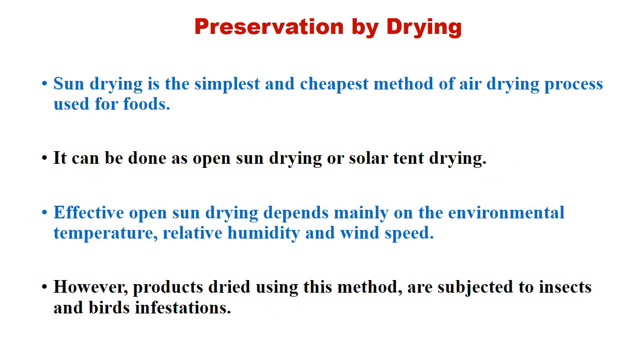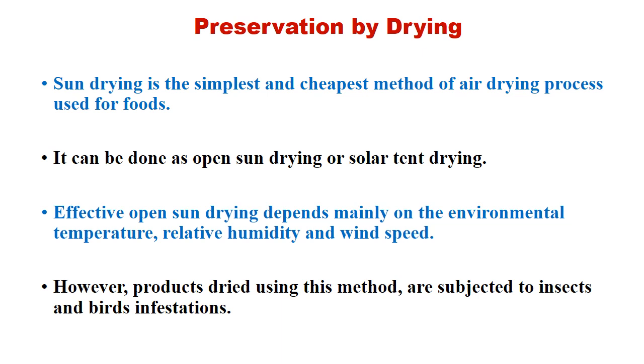Now to go further about the preservation by drying, sun drying is the simplest, oldest, and cheapest method of air drying for preservation of any food. It can be done as open sun drying or solar tray drying. Nowadays sun drying is further advanced by application of solar drying systems.